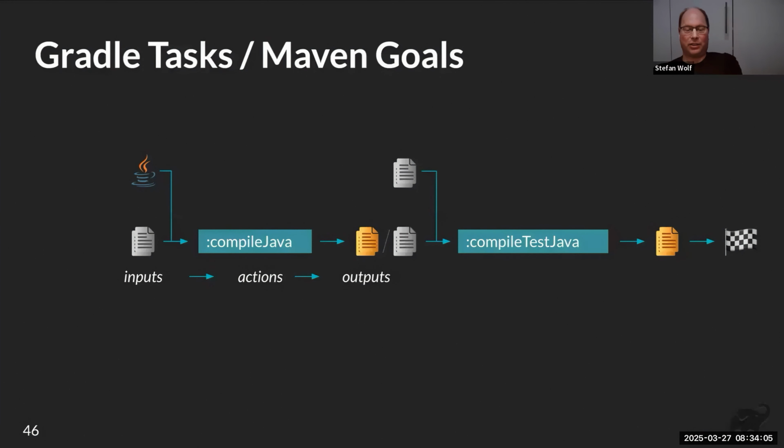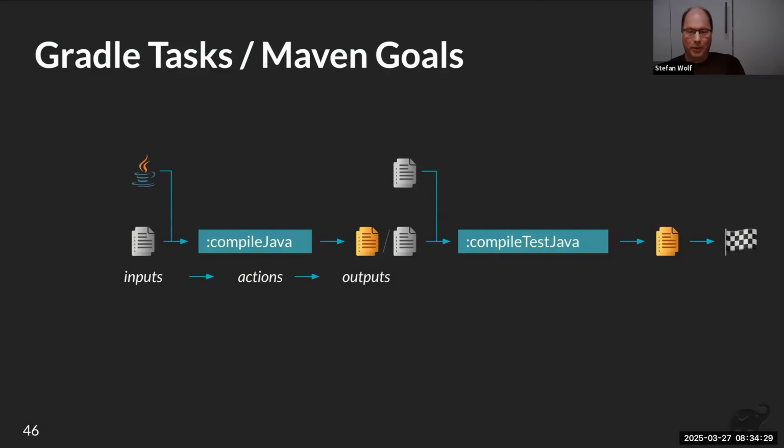But let's look at what the build cache means. Regularly, when you run a build, you do some work, whether it's a Gradle task or a Maven goal. It will have some inputs, be it your source files and some Java dependencies. It will do something with the inputs, compile them for example, and then you get some outputs. That is what this work unit is doing.